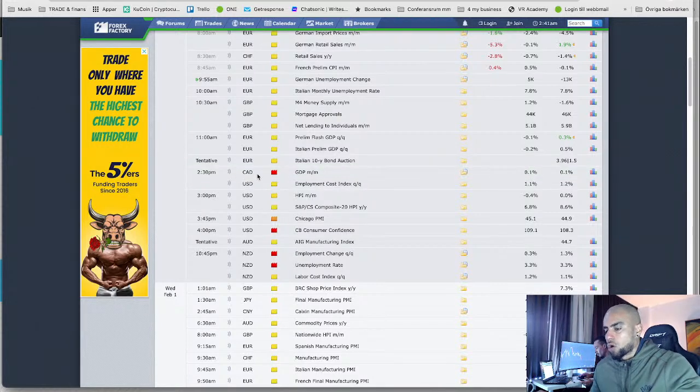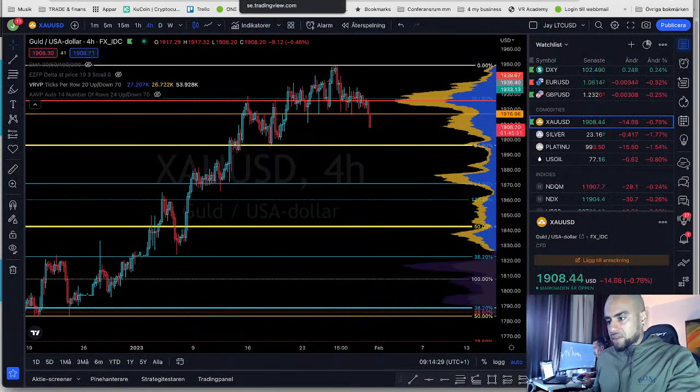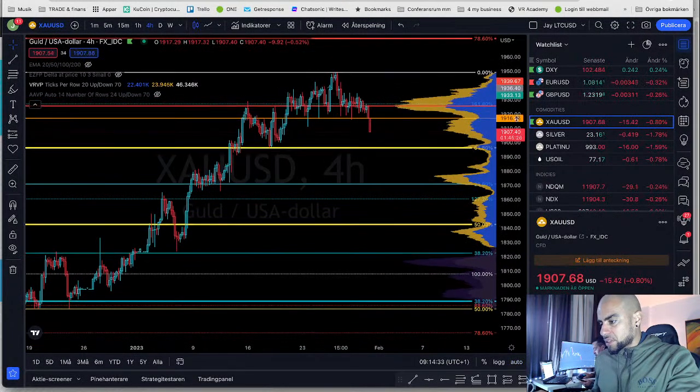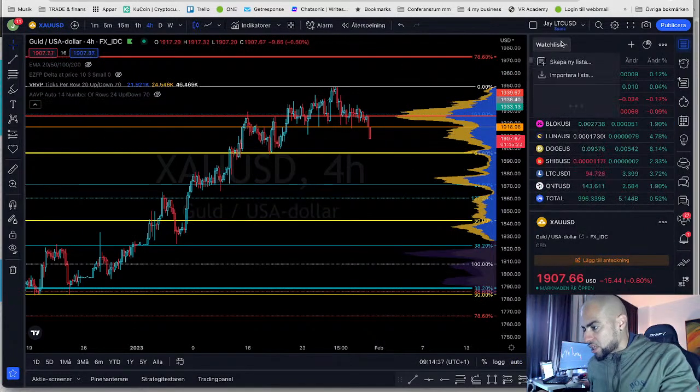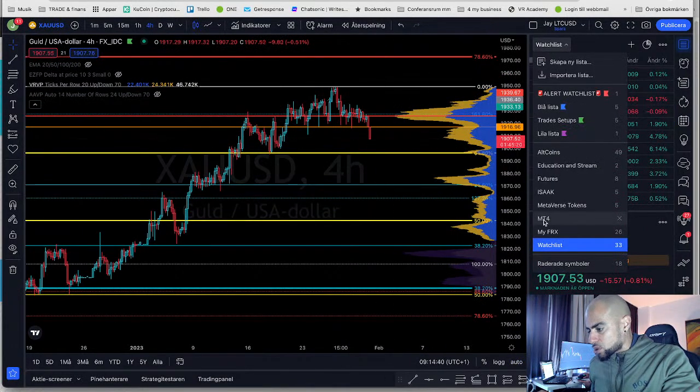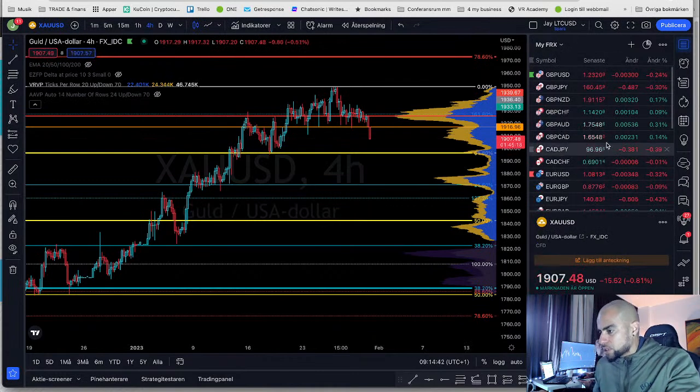So that means that all currency pairs that are connected with CAD will go up. And the opposite, all currency pairs that are paired with CAD will go down. All CAD pairs connected to other currencies will go up. So let's look at Forex. I see gold is going down. We're going to take a look at it very soon.